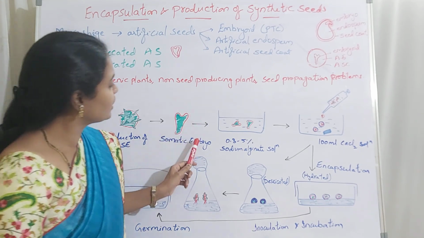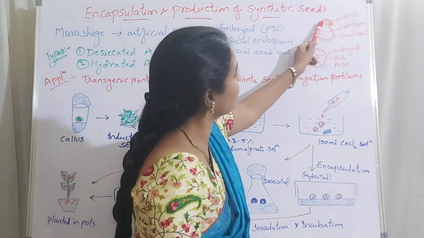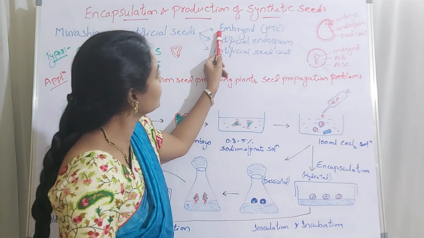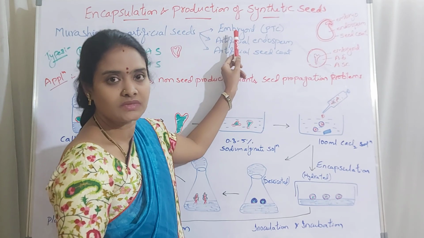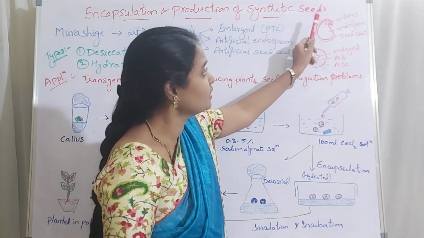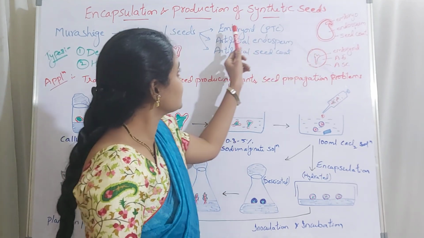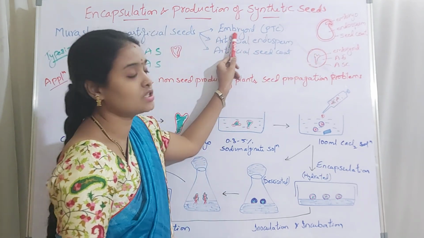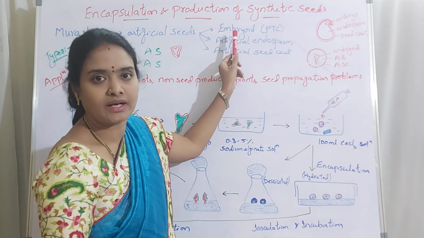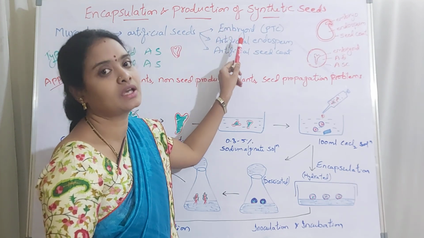See here, one more thing. Here we are calling this an embryo, but when you are producing the synthetic seed, you are calling it an embryoid. Is that clear? So, embryo is the naturally occurring embryo, whereas if it is an artificially produced embryo, we call it an embryoid. Right? Embryoids or somatic embryo.